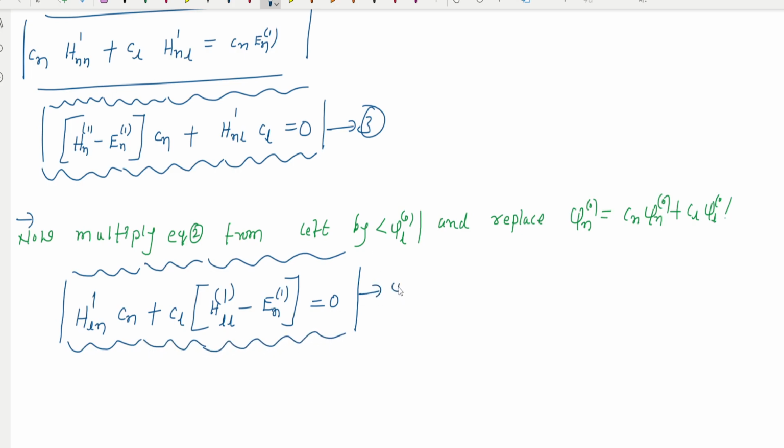Equation number 4. Now, if you clearly observe these two equations, you get two solutions, right?